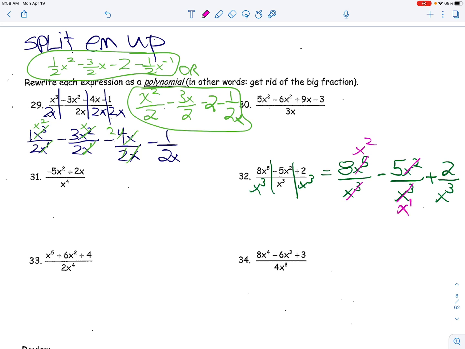There's an x left over in the denominator. Just keep that in mind: you have more x's in the denominator than in the numerator. And then 2 over x cubed, there's really not much you can do there unless you want to bring up the x cubed right next to the 2 and make that an x to the negative 3rd power.